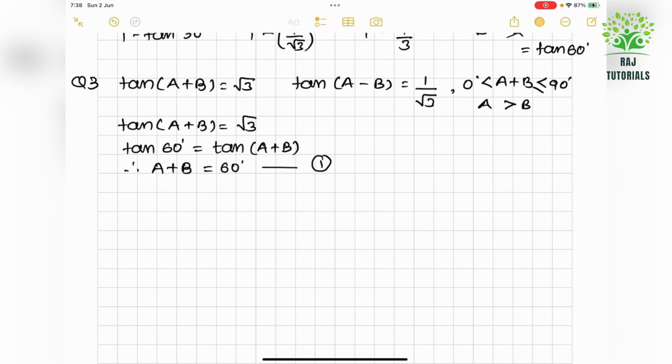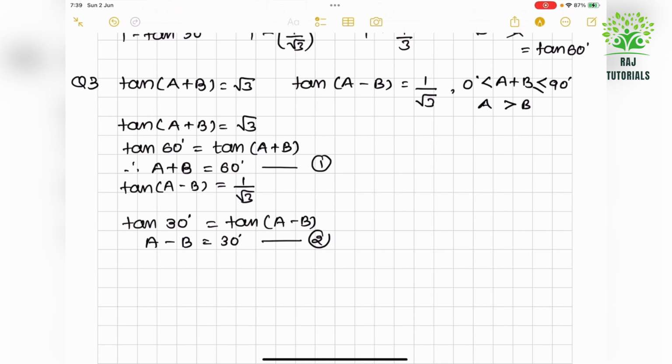So let me put this as first number, and then tan (a minus b) equal to, I am given 1 by root 3. So tan 30 degree equal to tan (a minus b). So I can say a minus b equal to 30 degree. Let it be 2. Now solving 1 and 2, a plus b equal to 60, a minus b equal to 30.